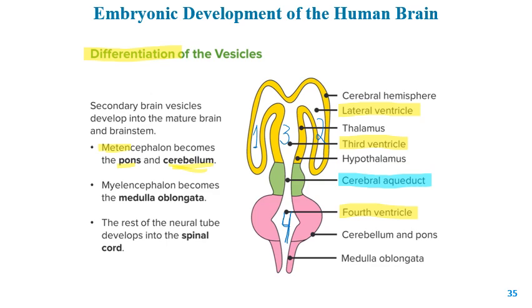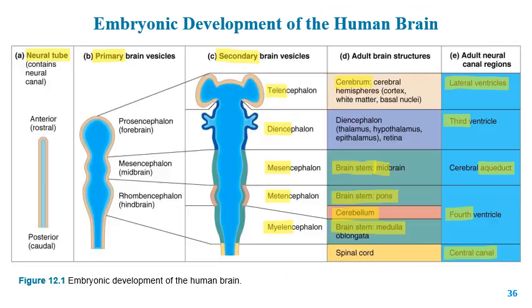The myelencephalon is going to become the medulla oblongata, and then the spinal cord. All right, so this is from your book showing the developmental stages and which structures they develop into. And again, you can read that on your own.